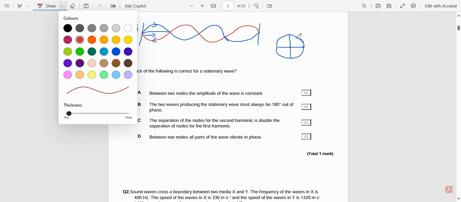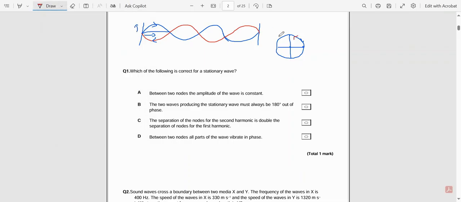So the y displacement for the first particle will be like that. The particle starts here, and will be here at some moment, and here at some moment, and here at some moment. If the particle starts here, the next particle should start at the same position, but it should travel in the opposite direction, right?